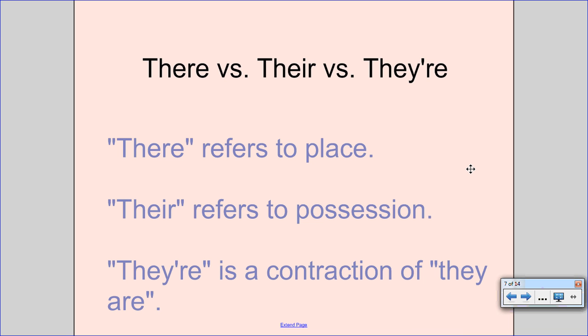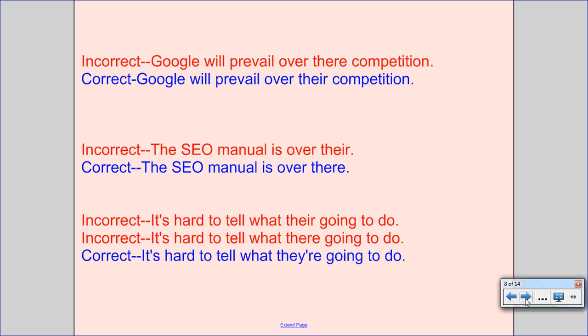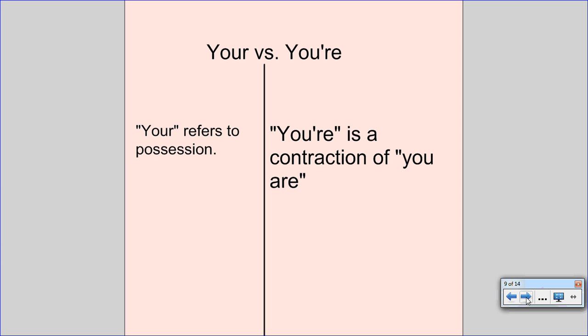So please make sure that when you're typing, you pay special attention to your there usage. Incorrect: Google will prevail over there competition. It should be E-I-R. Incorrect: the SEO manual is over their. It should be there, meaning location. Incorrect: it's hard to tell what there going to do. It should be the contraction they are.